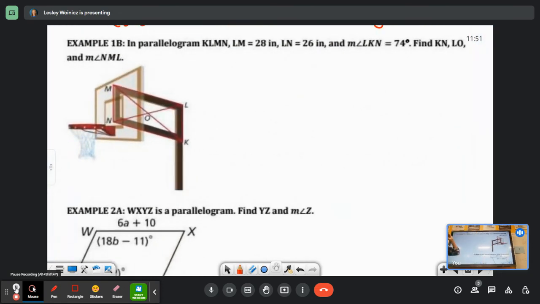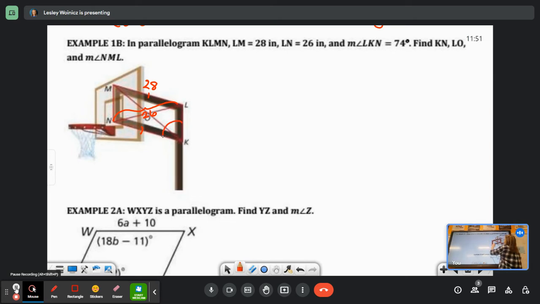Okay, so here we have another parallelogram, KLMN. We know that LM is 28 inches. So then those have each other's... Yes. Okay, we know that LN is 26 inches. So this whole thing is 26. And we know that the measure of LKN is 74.